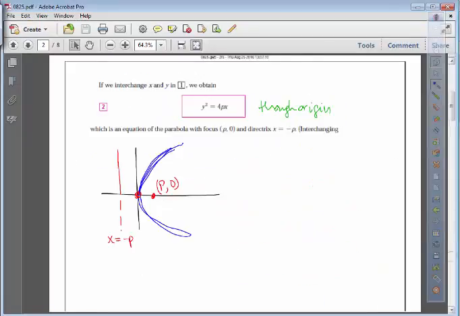And then it looks like opening sideways would look something like this. Y is equal to 4px, and P is the focus point. Oh, this is through the origin, but there's a shift. So we want to shift it.